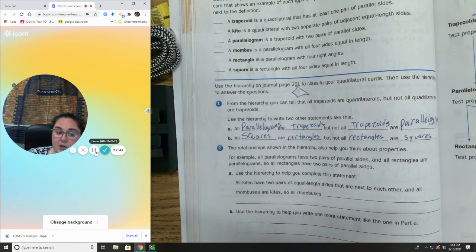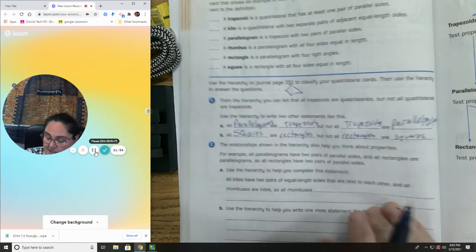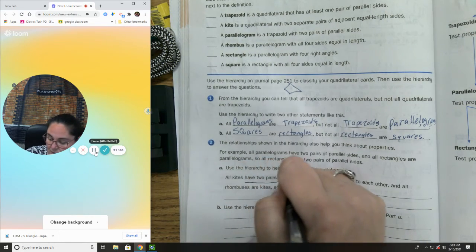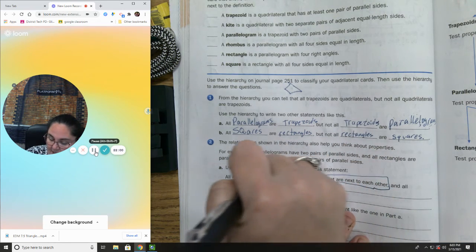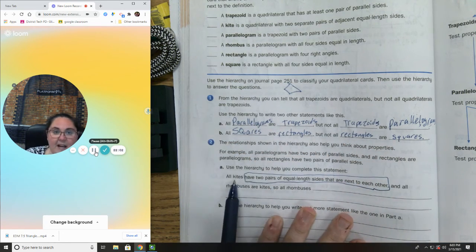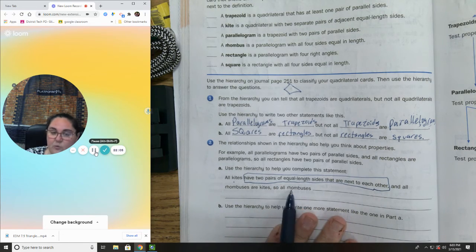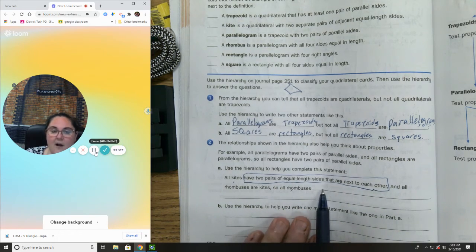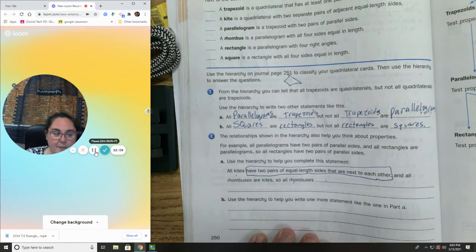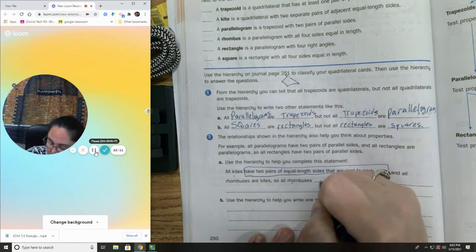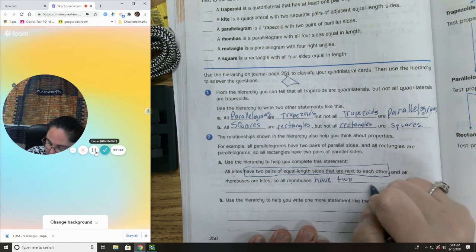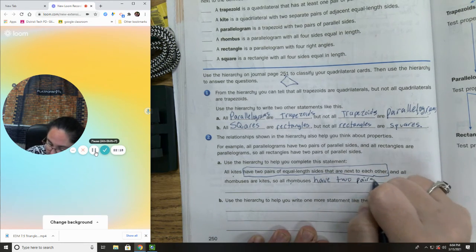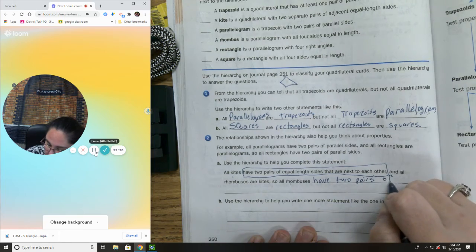And all rhombuses are kites, which means that all rhombuses have two pairs of equal side lengths that are next to each other. This rule right here, if that's the rule for kites, then it's also the rule for rhombuses. So that's what you're going to write on this line right here. I'm going to write mine, you write yours. Let's go. Don't forget you can pause if you need to.